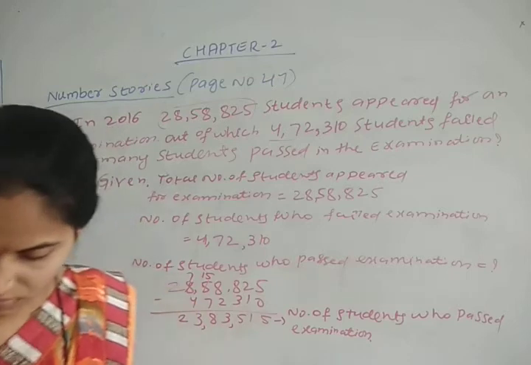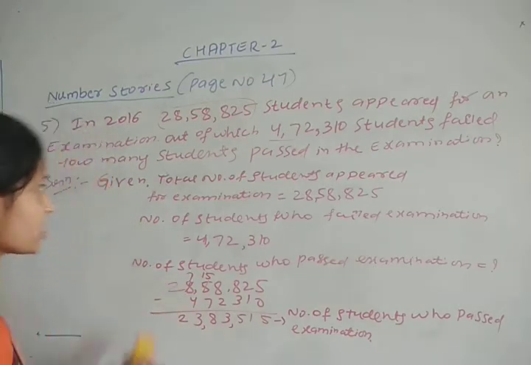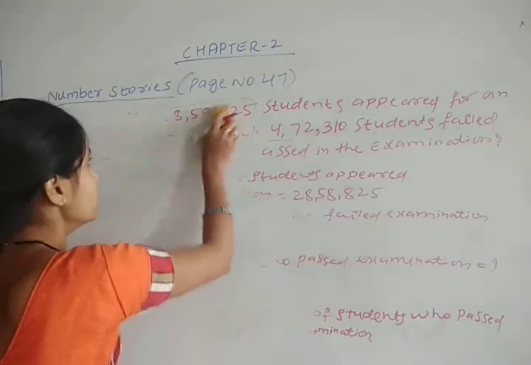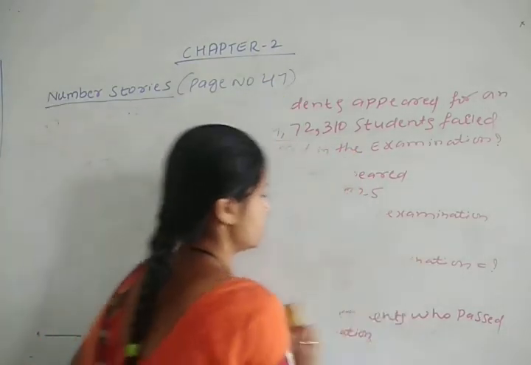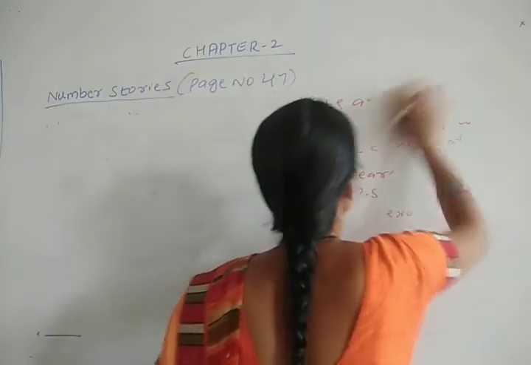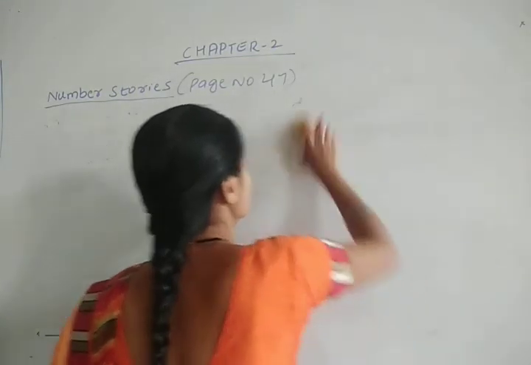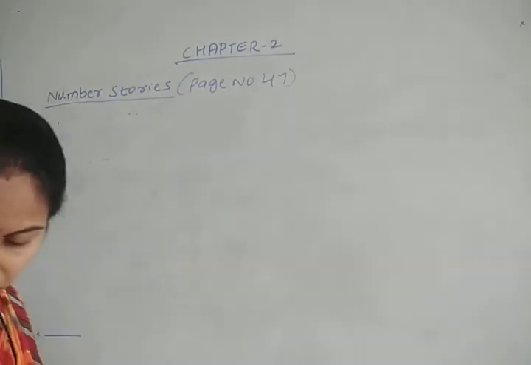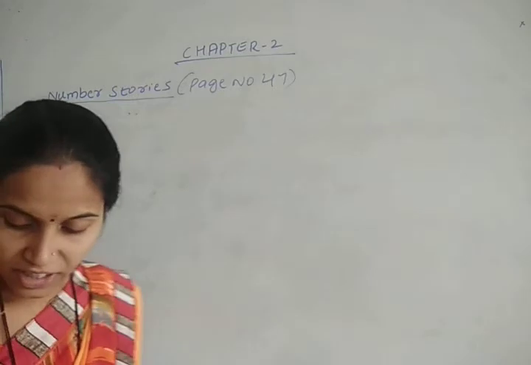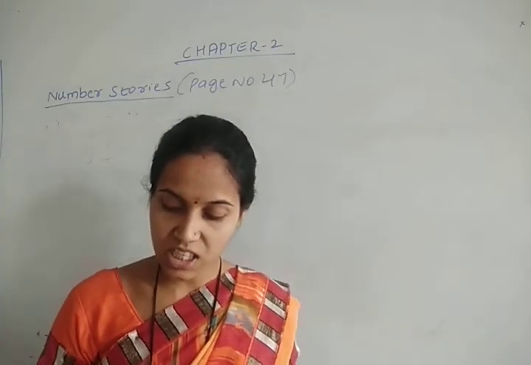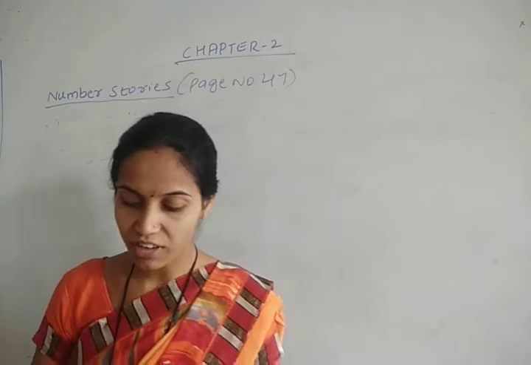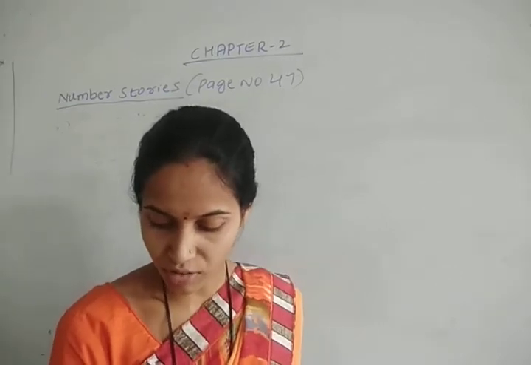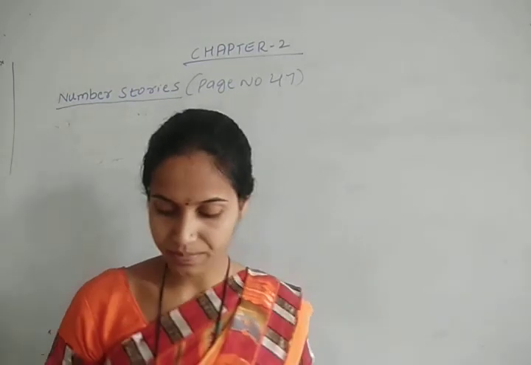Now let us move to the sixth question. A printing machine is able to print 67,89,720 visiting cards, out of different employees of a company each year.